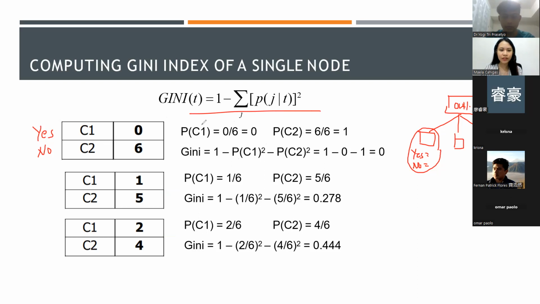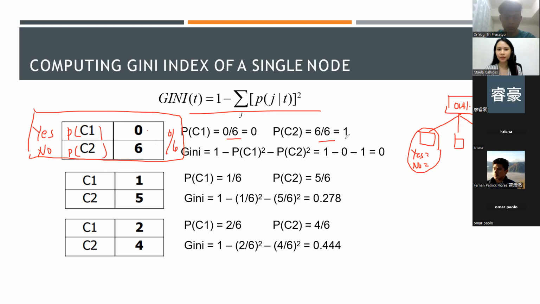So 0 over 6, we can just compute the probability first. 0 over 6 came from the total of 0 divided by the total of all the occurrences in this node or in this branch node. This is your P of C1 and then this is your P of C2. So that's why this pertains to 0 over 6 and the other one would pertain to your 6 over 6.